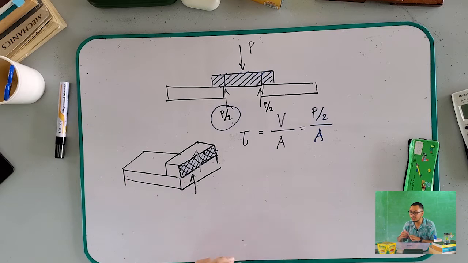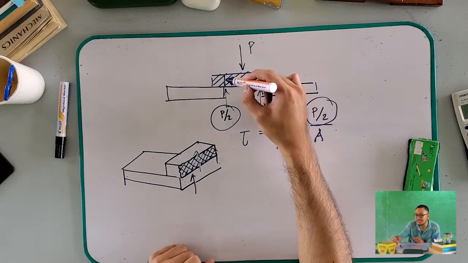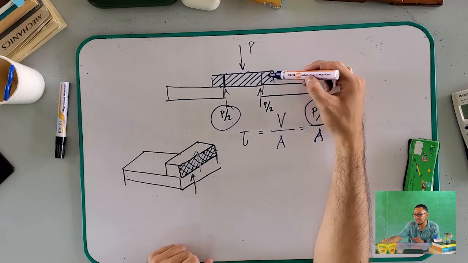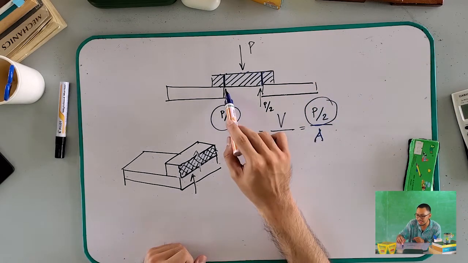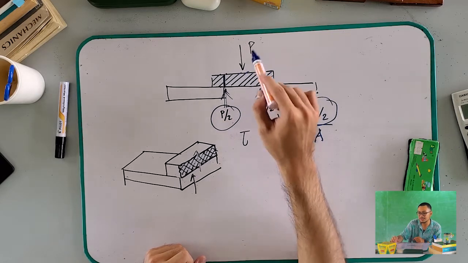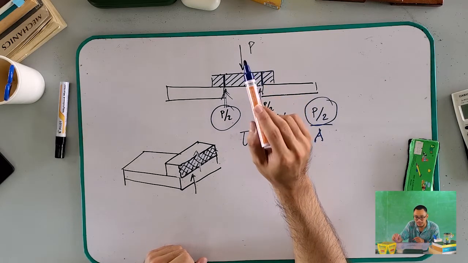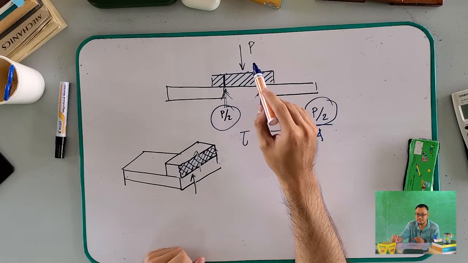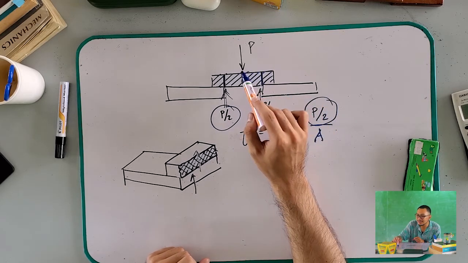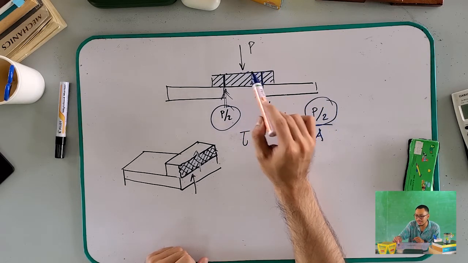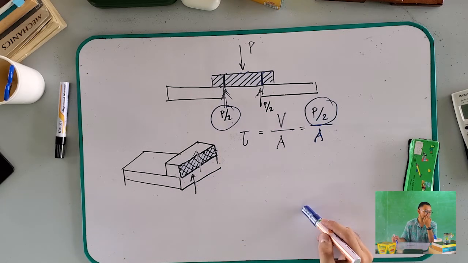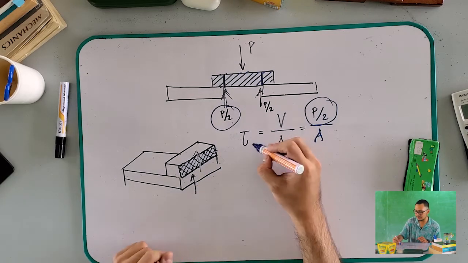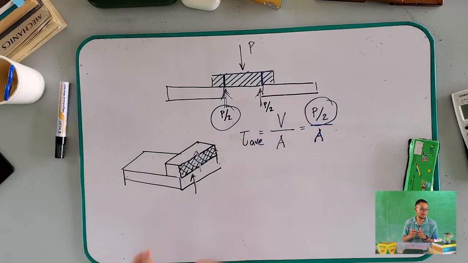Take note that we are considering P over 2, and if we consider the other side, it is also P over 2, because they split the load of P to be in equilibrium. Assuming again that your P is at the middle of your block. So P over 2 over A. The average.